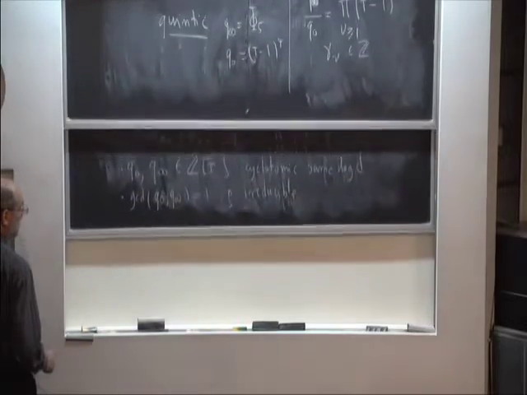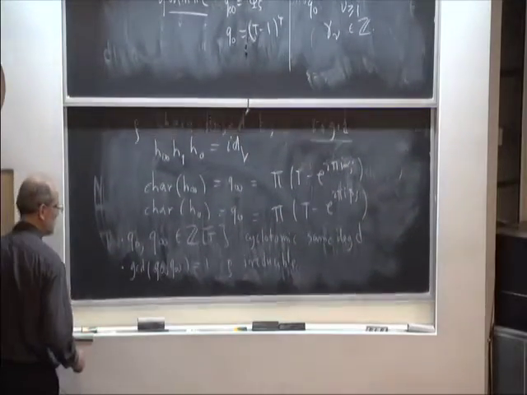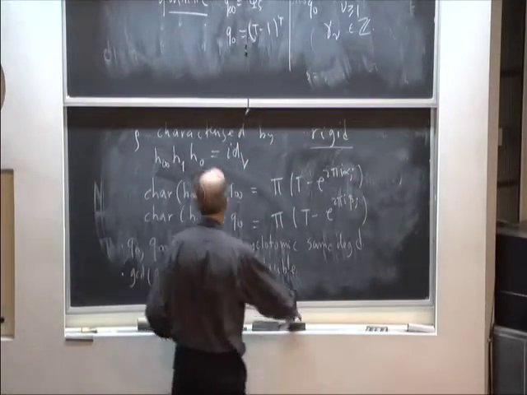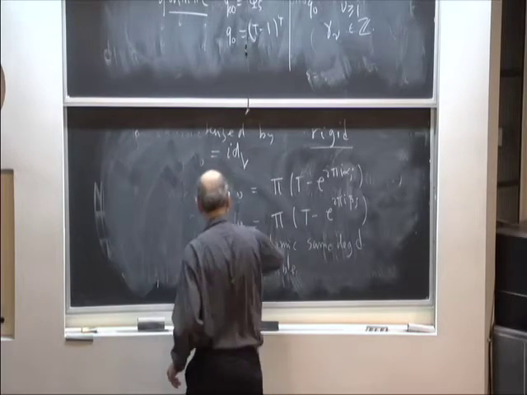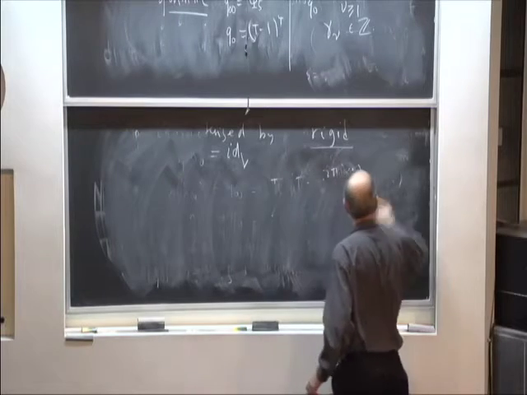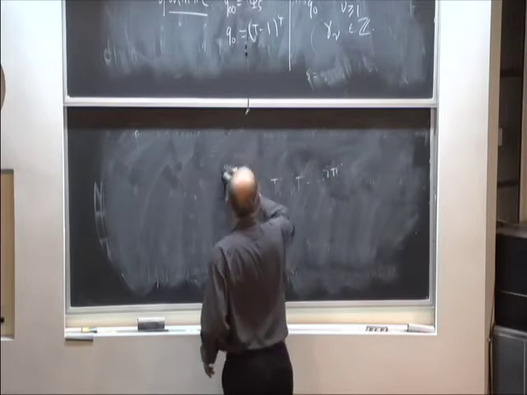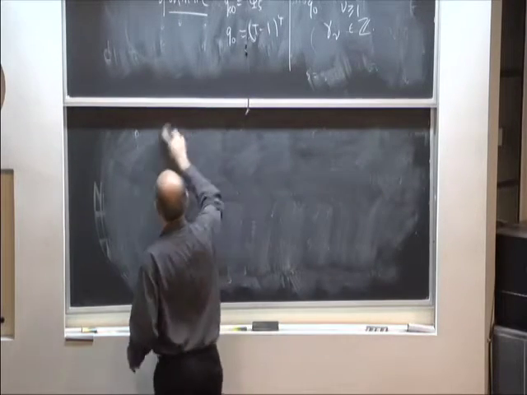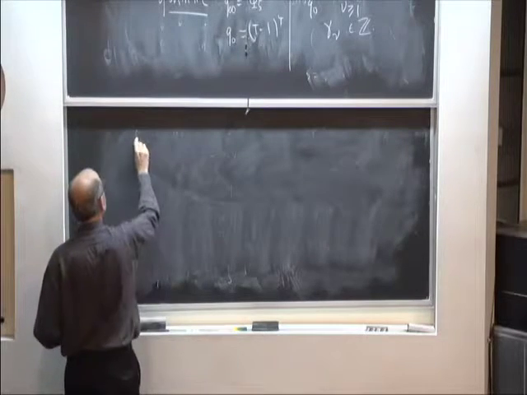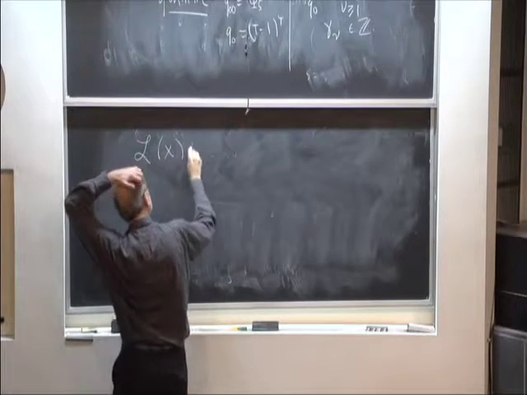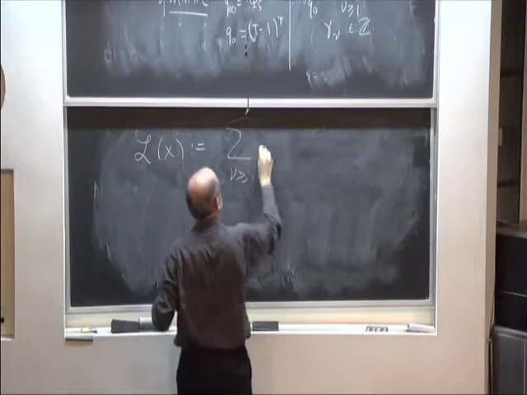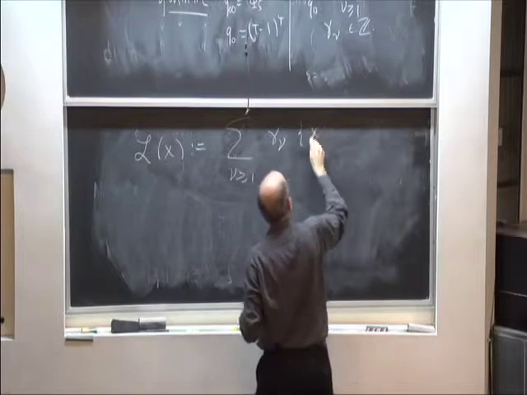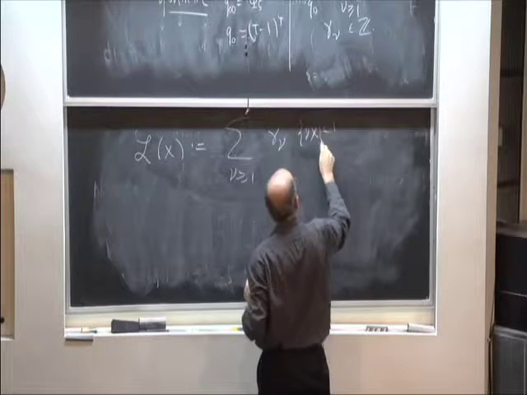And out of these numbers gamma nu, I'm going to form a periodic function in the reals. I'm going to call it L of x, and it's the sum of gamma nu times the fractional part of nu x minus a half.